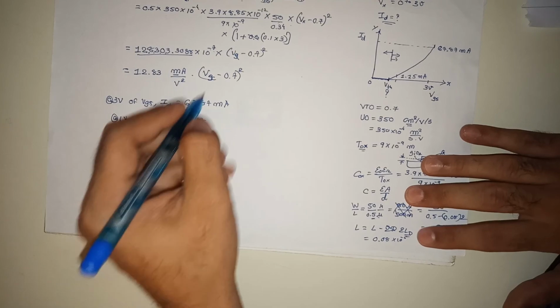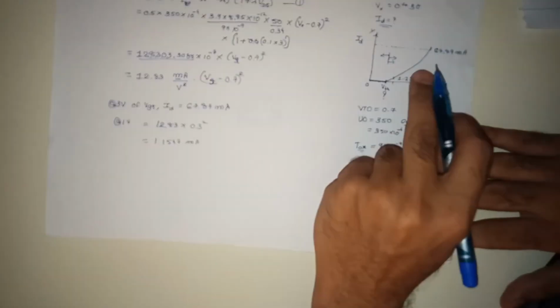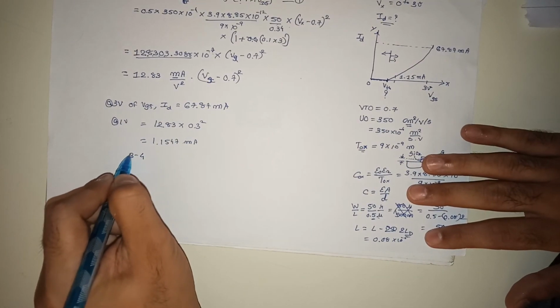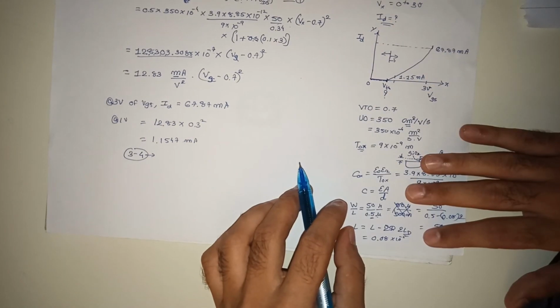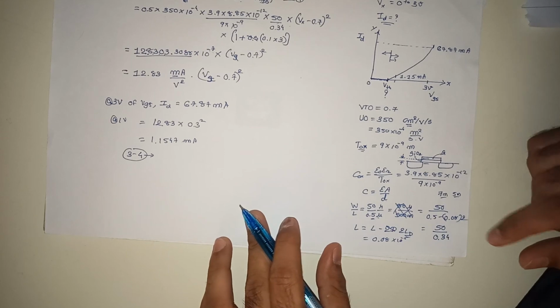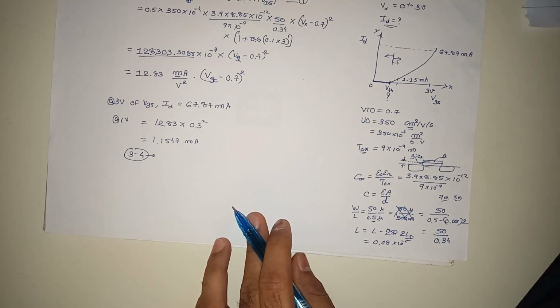So you can plot this graph in MATLAB also. If you want to plot it yourself, you just need to calculate 3-4 more points to make your graph accurate, and it will look like this. This is how we calculate the ID with respect to VGS. We'll see the ID for PMOS in the next video.